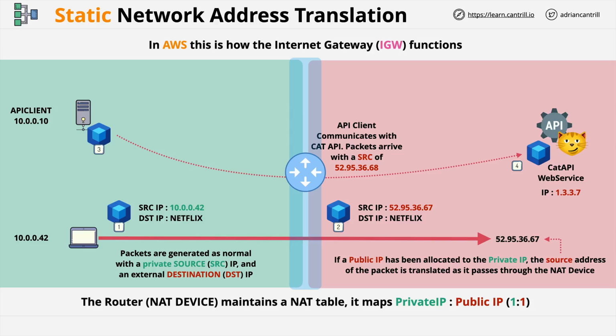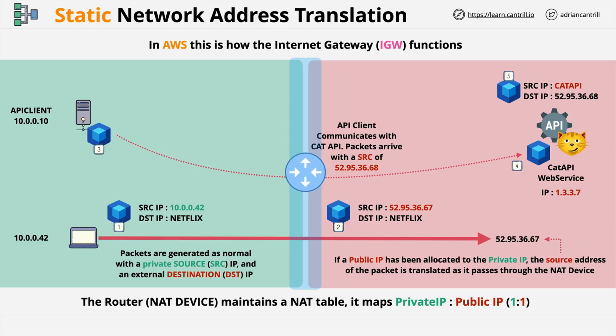The CAT API, once it receives the packet, sees the source as this public IP, so when it responds with data, its packet has its IP address as the source and the previous public IP address as the destination, the one which is allocated to the server on the top left. So it sends this packet back to this public IP, and remember, this public IP is allocated by the NAT device in the middle to the private device at the top left, the API client.